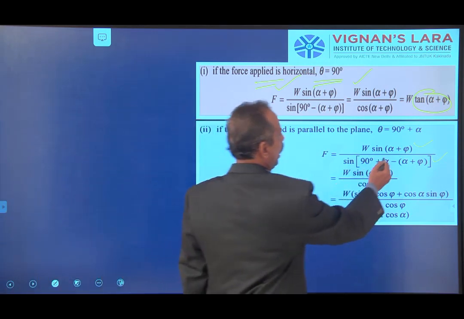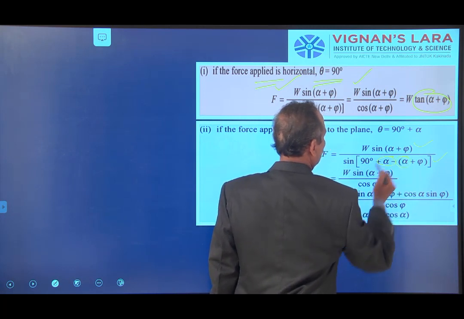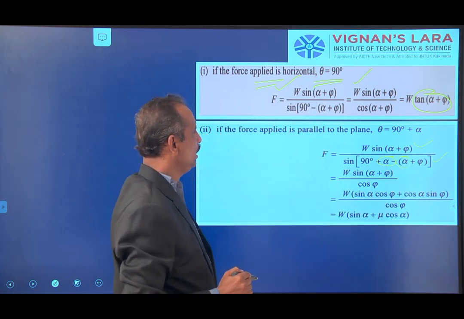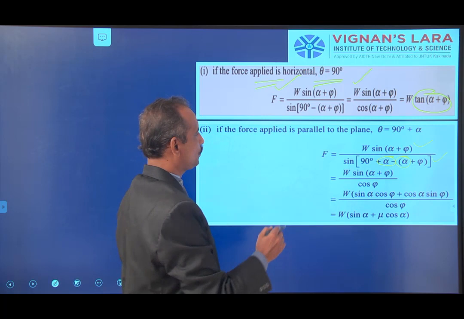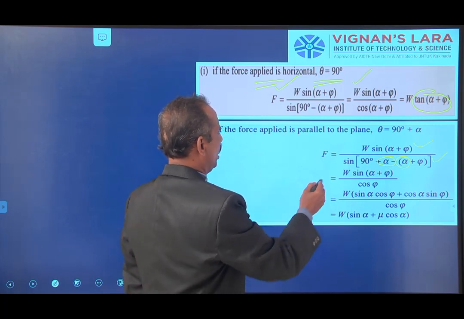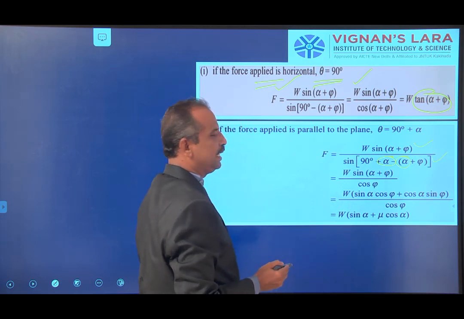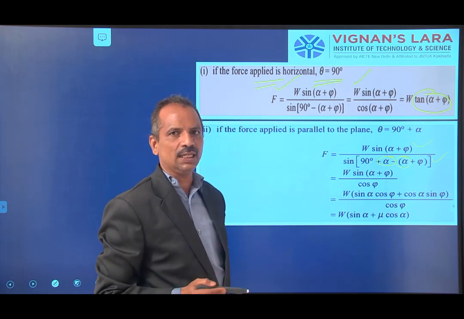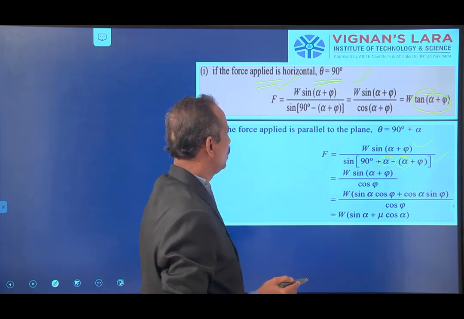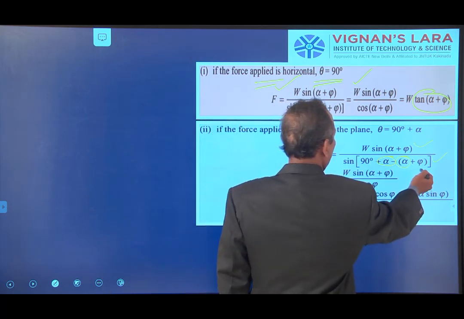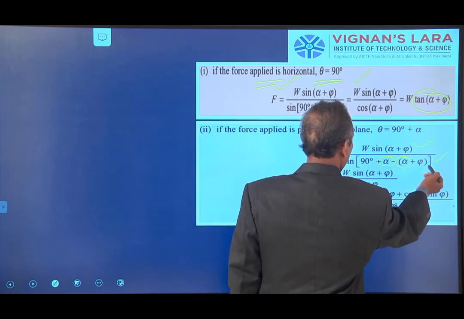So here alpha gets cancelled. Then you can see W sin(alpha plus phi), and what is sin 90? 1. So minus alpha plus alpha gets cancelled.